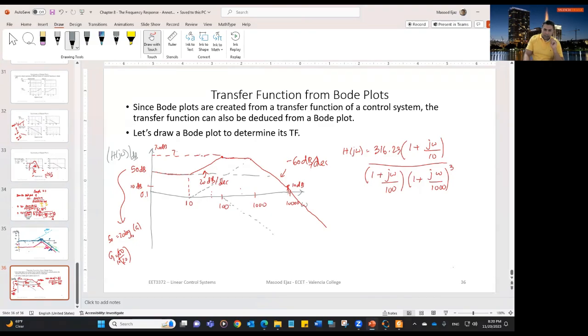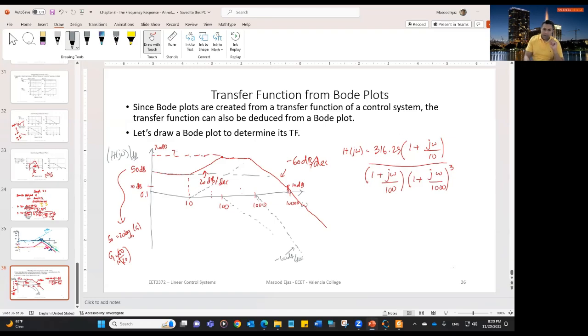Then at 1000, since these two are canceling each other anyway, they're not going to count. Now this is going to start at 1000, and the slope of this is going to be negative 60 decibel per decade, which means that there are 3 poles with cutoff frequency 1000 radian per second.